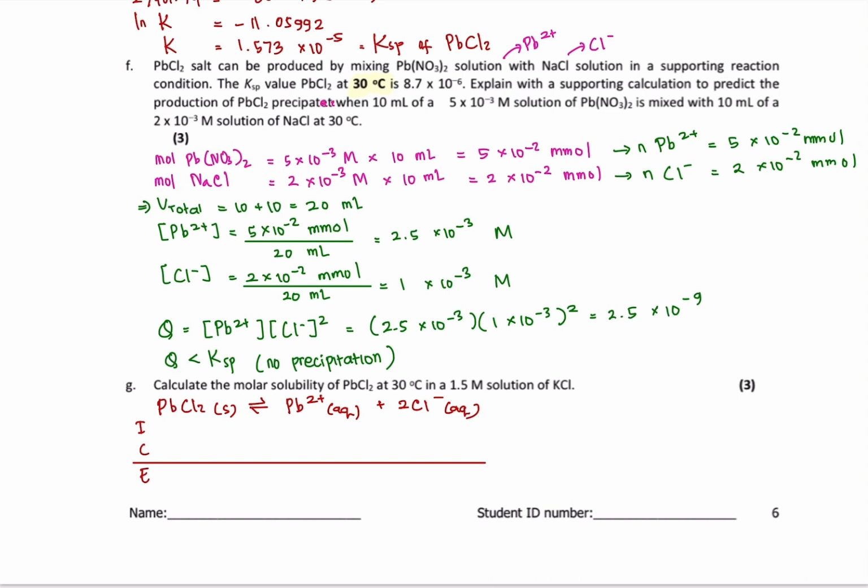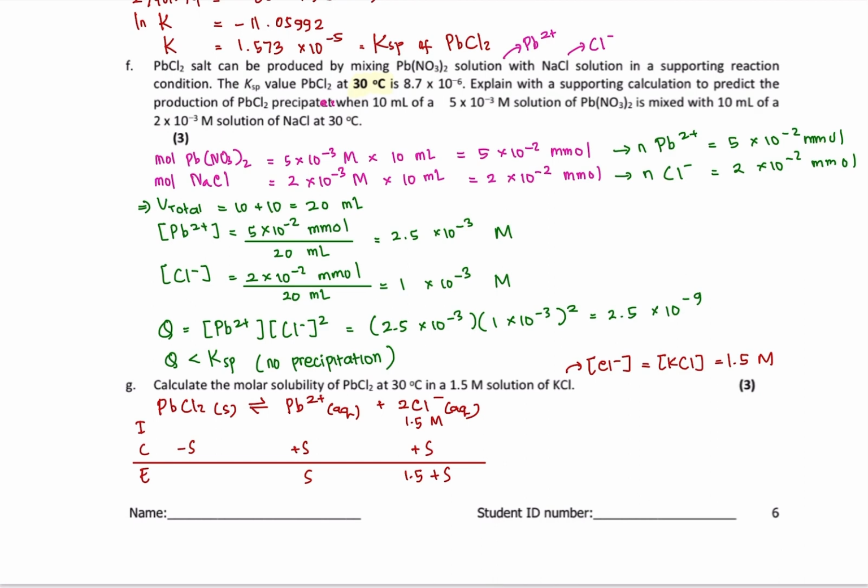And then here in the beginning, there is already a presence of Cl-, which is the same as the concentration of the KCl, because it's a 1-to-1 ratio, which is 1.5 molar. So in the beginning, we have here 1.5 molar. Suppose a certain amount of PbCl2, let's say S amount, dissolves. So I'm going to write here minus S. So in that case, we will have plus S and plus S over here. So at the equilibrium, we will have S, and then this is 1.5 plus S.